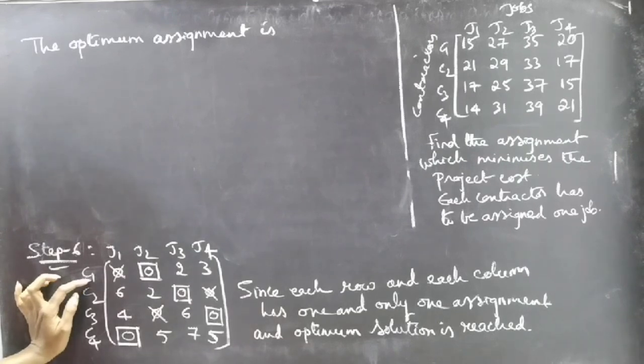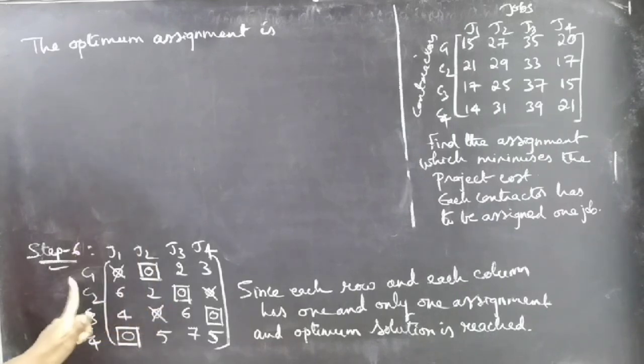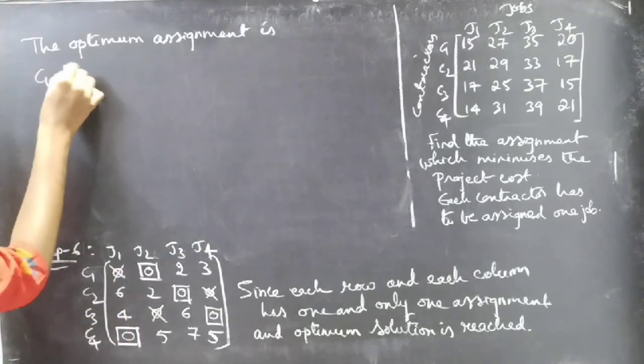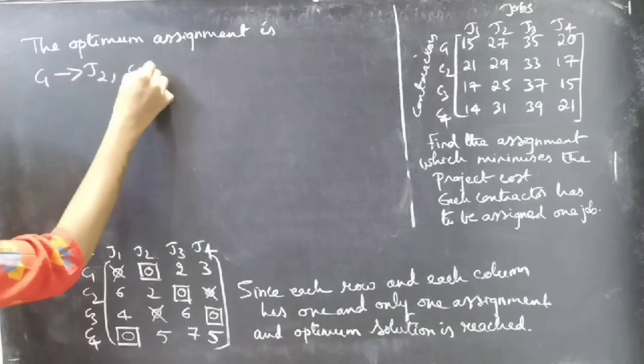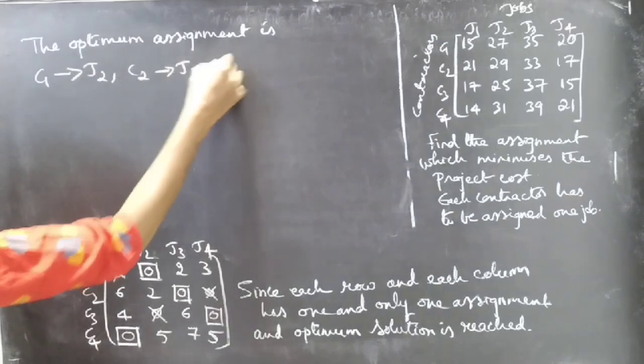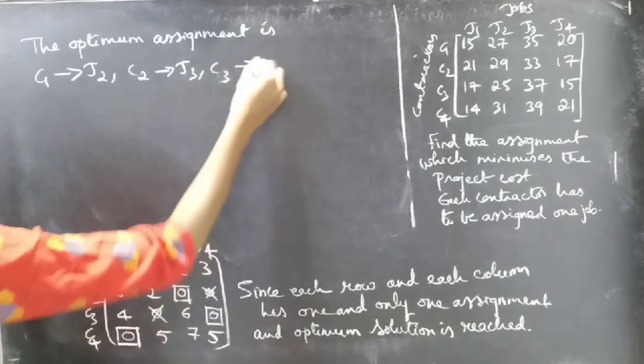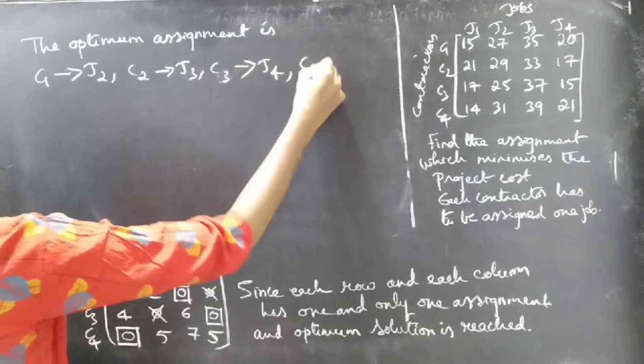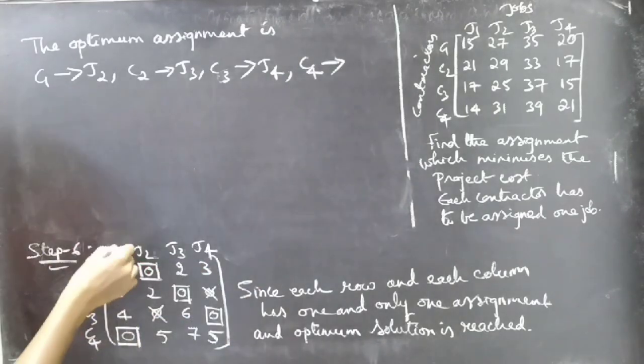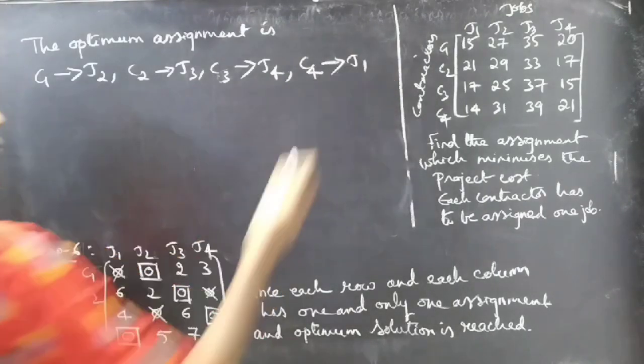contractor C1 has to be assigned to J2, right? C1 is assigned to J2, C2 is assigned to J3, C3 is assigned to J4, C4 is assigned to J1.